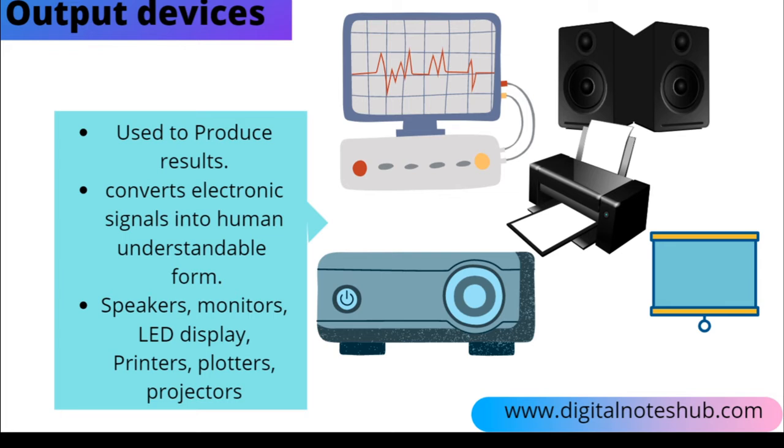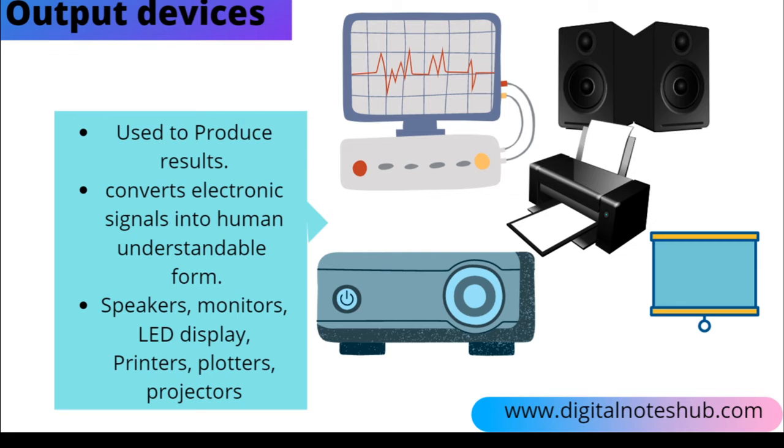As we have discussed, input devices are used to give input to a computer, but the function of output devices is just the reverse of input devices. These devices are used to get results from a computer. They convert the results, which are in computer language, into a human understandable form so that we can understand the result and make decisions accordingly.